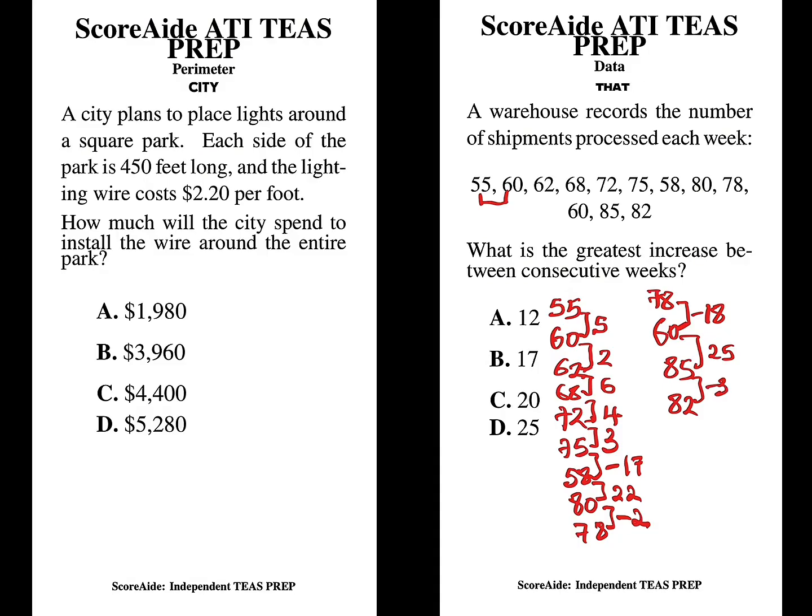So you see that the biggest difference is 85 minus 60, right? Which is 25. So the biggest difference is going to be D, 25, right? So you just look for those differences, and yeah, there you go.